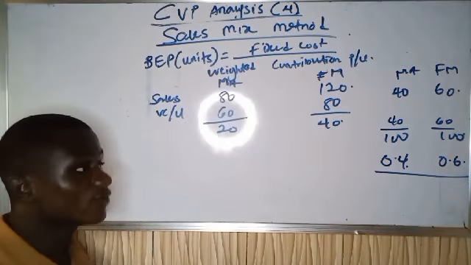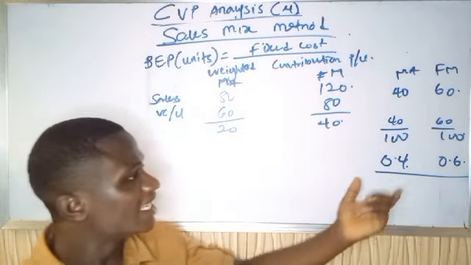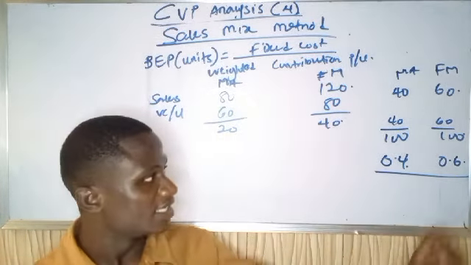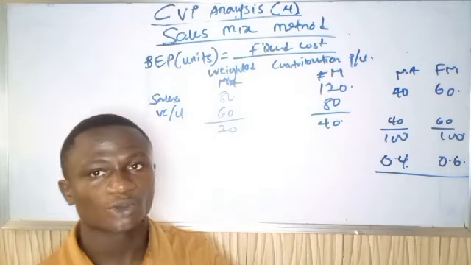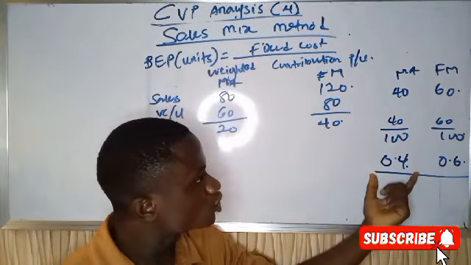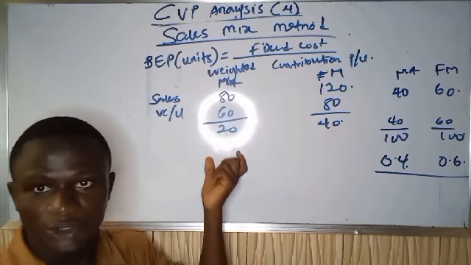So for you to get this weighted sales mix means that MA is only contributing 0.4, FM is only contributing 0.6. So we take their sole contribution multiplied by the contribution per unit that we got.